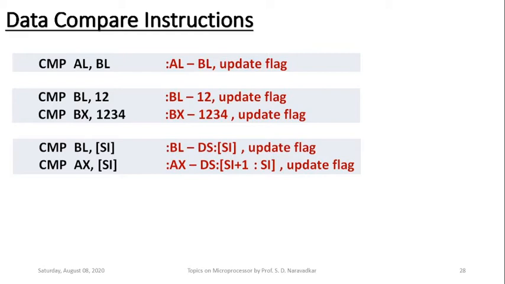You can observe it on the right side, AX minus data from the data segment, from two offset locations, SI and SI plus 1. Why two offset locations? Because data is 16-bit which is to be taken from memory for comparison purpose. And whenever 16 bits of data is to be taken here, two consecutive memory locations are required. And their offset locations will be SI and SI plus 1 in this example.